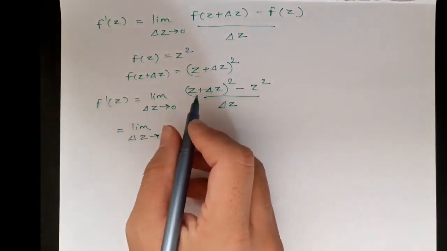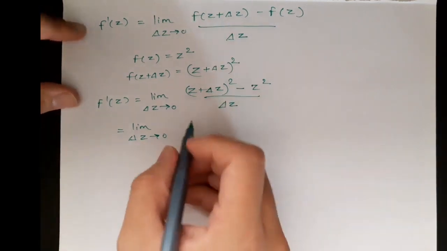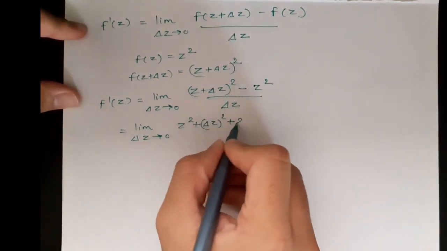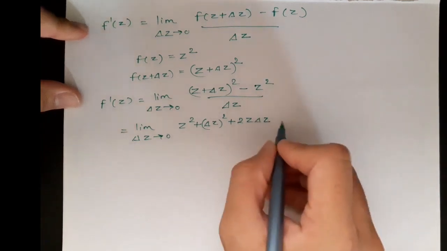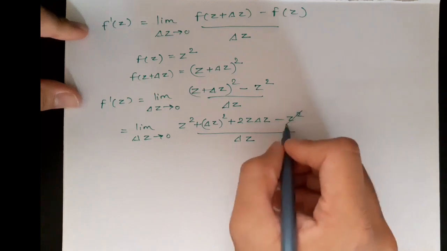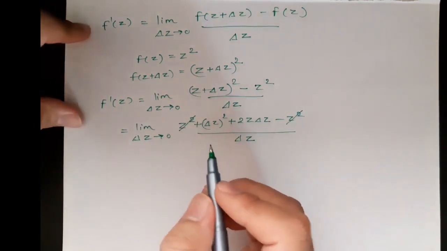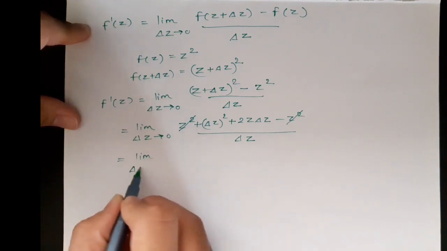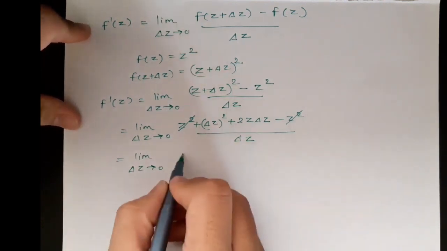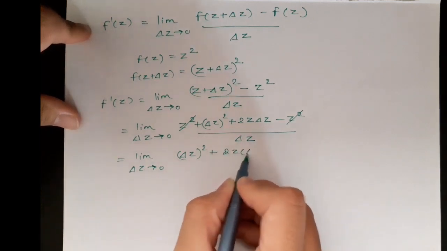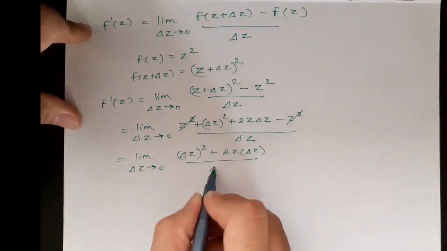Now by opening the bracket, z square plus delta z the whole square plus 2z delta z minus z square upon delta z. Now this minus z square and positive z square gets cancelled. We can write limit delta z tends to 0 delta z the whole square plus 2z into delta z.